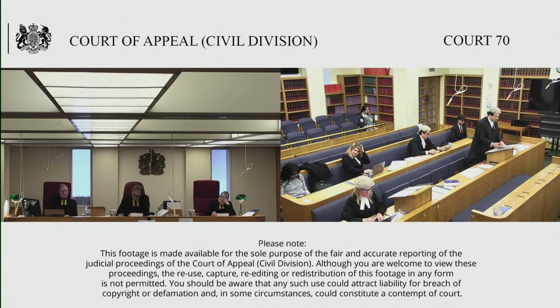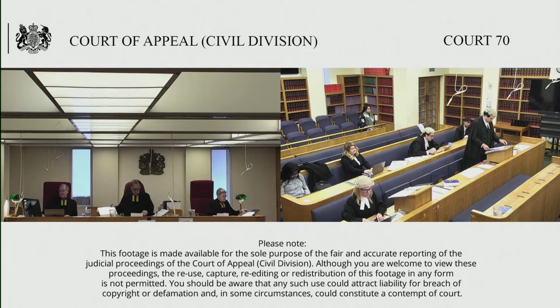Now, you have already considered the rules as to permission to appeal. May I just draw your attention to Rule 28 of the Upper Tribunal Procedure Rules that concerns permission to apply for judicial review. You have that rule behind tab 3 of the authorities bundle, page 32.